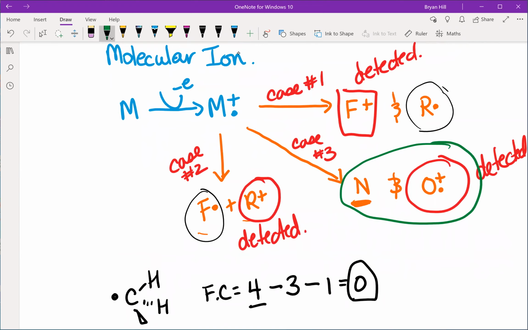So those are special fragmentation patterns, and I'll give you some examples of that on Thursday. It's basically a two bond cleavage.